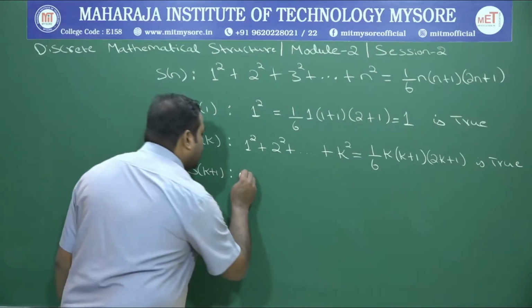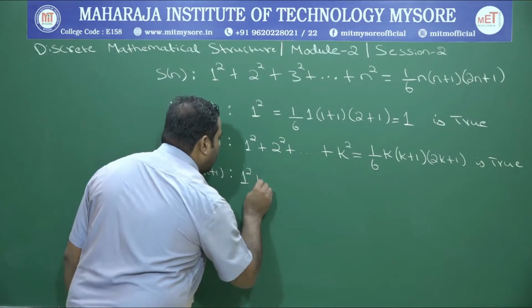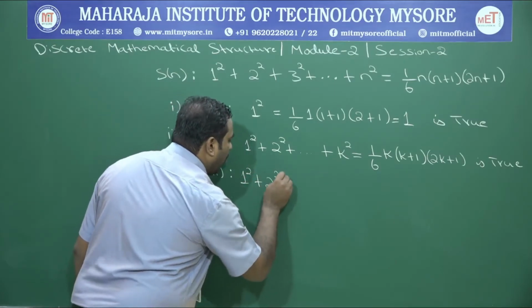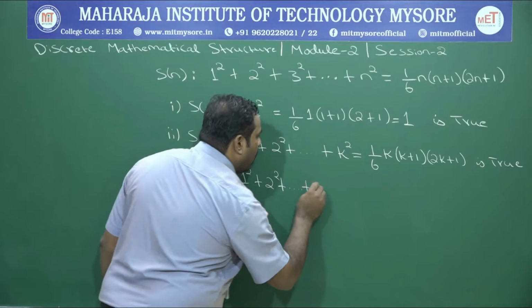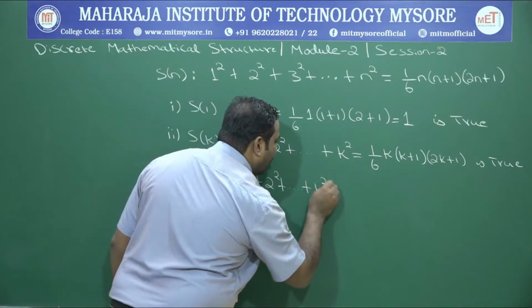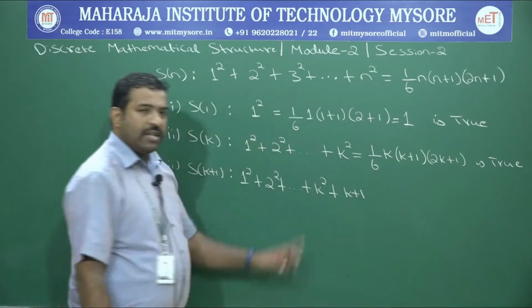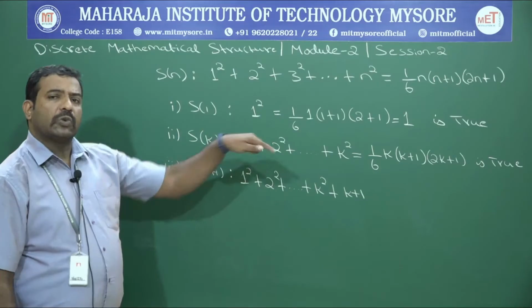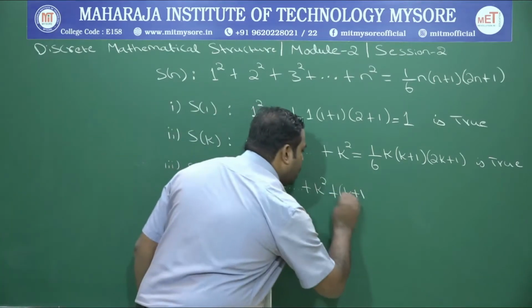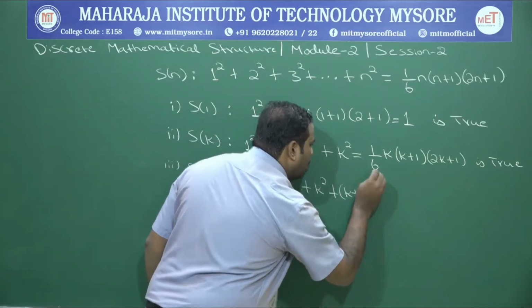Hence, I am going to have 1 square plus 2 square plus so on plus k square plus the k plus 1th element and the square of this. Right? Hence, I am going to have k plus 1 square.